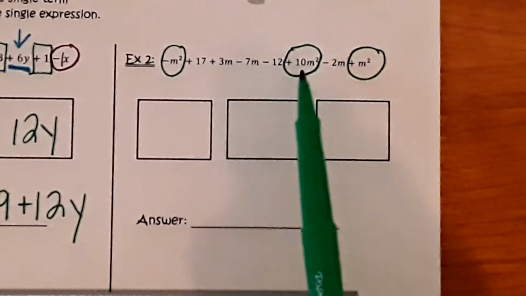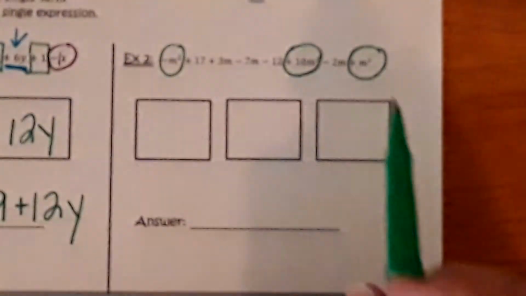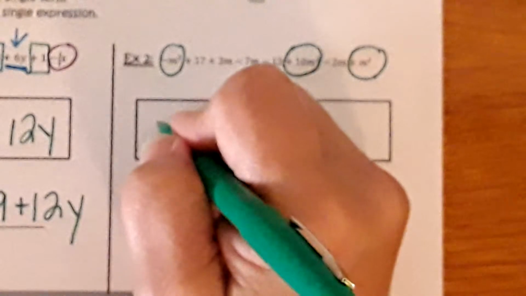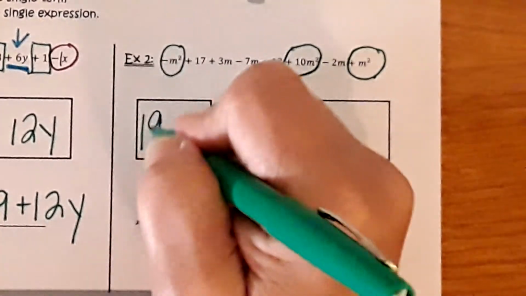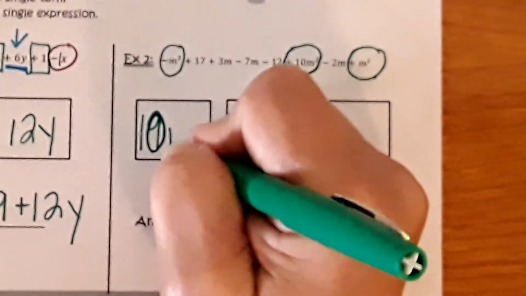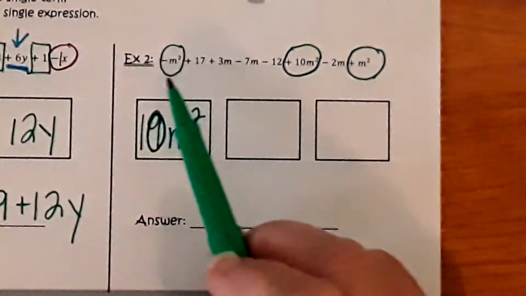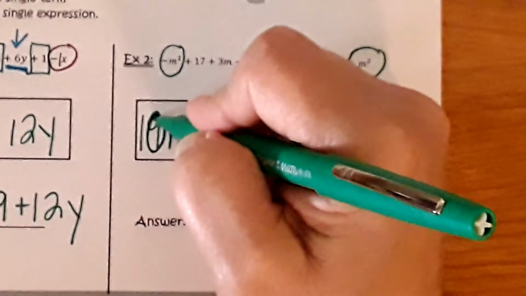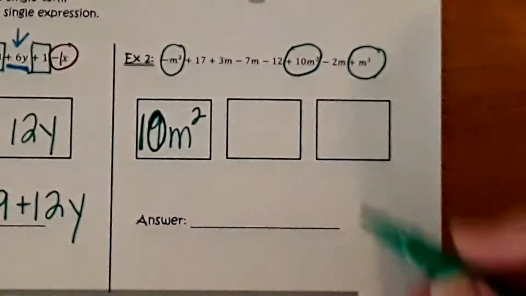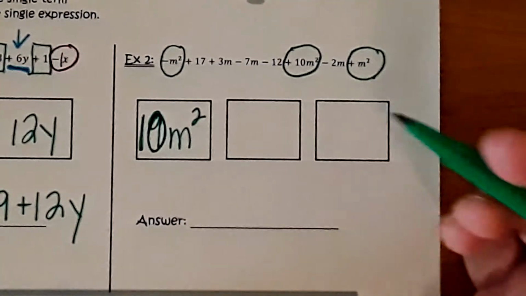So I had negative 1 plus 10 is positive 9. 9 plus 1 is 9m squared. I'm sorry, I lied. It's 10m squared. Because negative 1 plus 10 is 9. 9 plus 1 is 10. So that is a 10. Yep, even Miss Flurry makes mistakes. Okay.